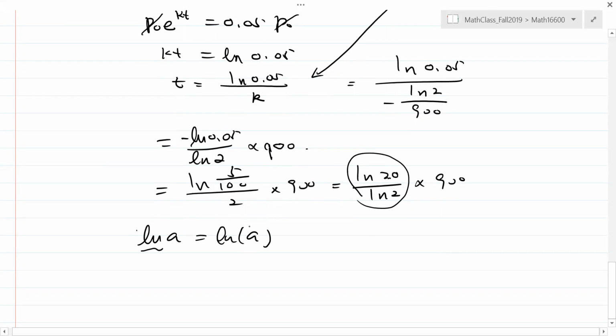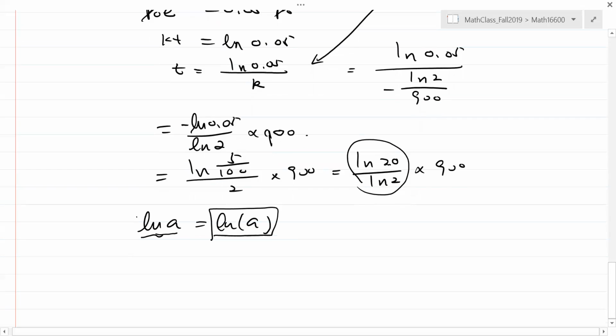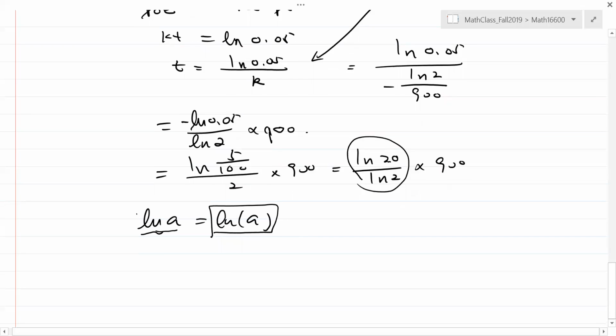This ln itself is not a number. You cannot cancel it. It's not like ln times a. Natural log of a really means the value of the natural log of a. So you cannot cancel out.